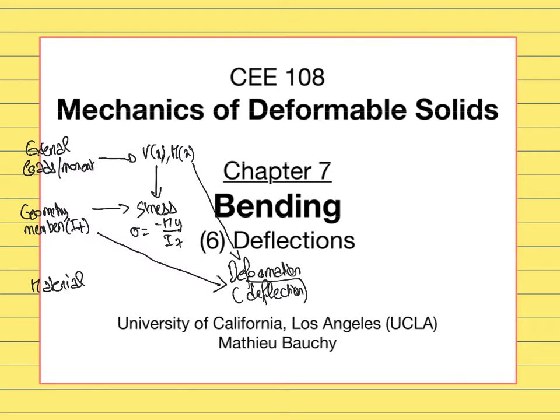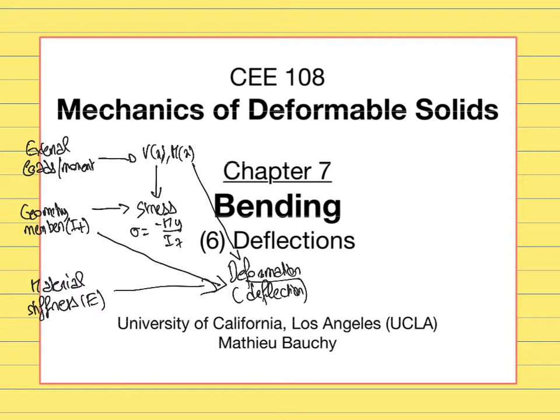Specifically, what will matter is the stiffness of this material. If you have a material that is very stiff, then it's going to have less deformation than a material that is very soft. So the stiffness, and specifically the Young's modulus, is also going to be important to determine the deformation of these materials.